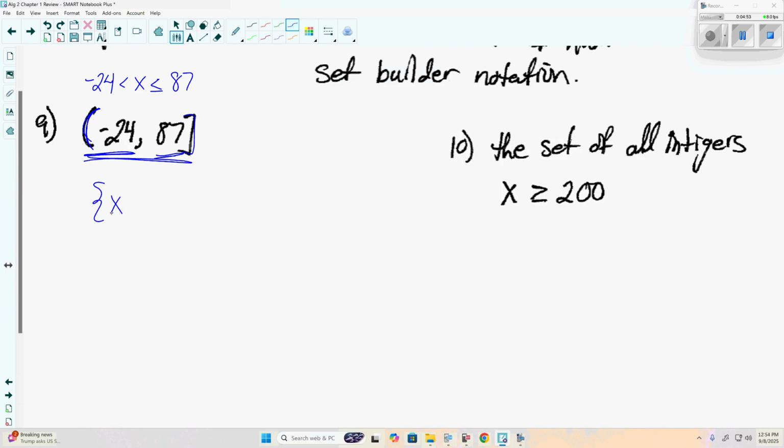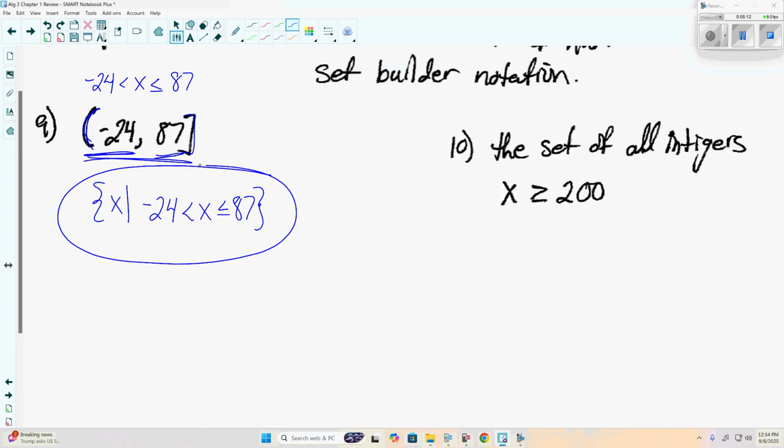So we have brace x bar because it is the set of all real numbers. Since it's a set of all real numbers, we have brace x bar. And then we can put our description in, which is our inequality. And that's it.